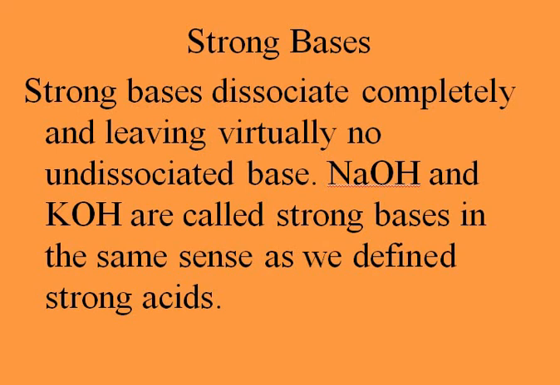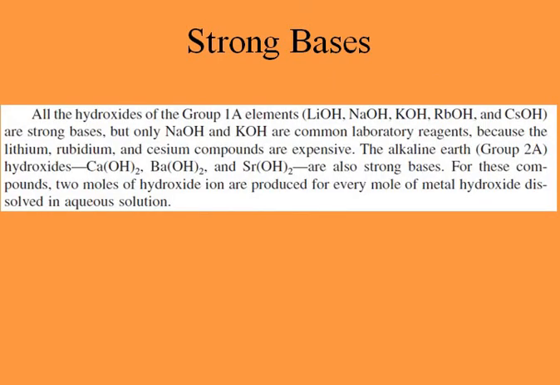NaOH and KOH, which are sodium hydroxide and potassium hydroxide, are called strong bases in the same sense as we defined strong acids. All the hydroxides of the group 1A elements, like lithium hydroxide, sodium hydroxide, potassium hydroxide, rubidium hydroxide and cesium hydroxide, are strong bases, but only NaOH and KOH are common laboratory reagents because the lithium, rubidium, and cesium compounds are expensive.